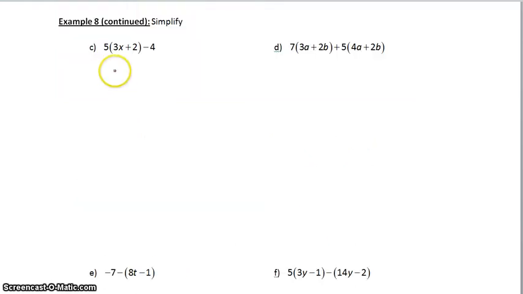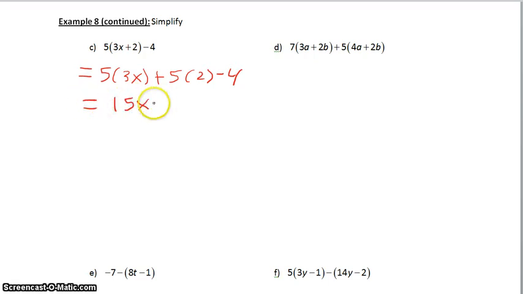Now, on the last page of 1-4, we're continuing example 8. So with C, we're doing the distributive property. So we'll have 5 times 3x plus 5 times 2 minus 4. 5 times 3x is 15x. 5 times 2 is 10 minus 4.